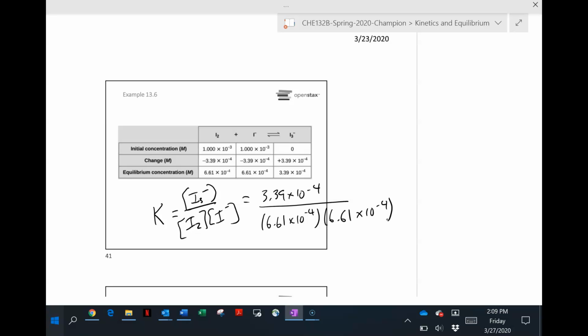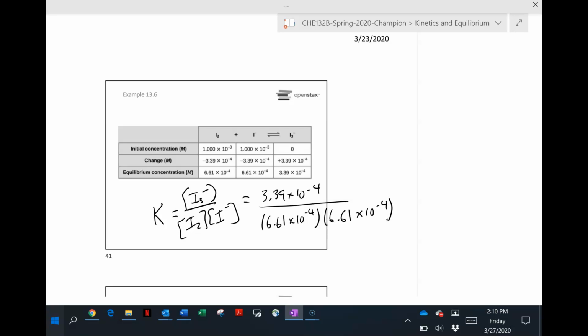Remember that if you're plugging in a TI, you want to use that second comma for the EE function. So 3.39, second comma, -4 would be the way you do that. And then the bottom, squared.